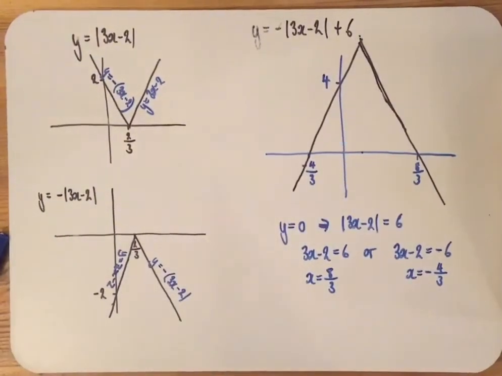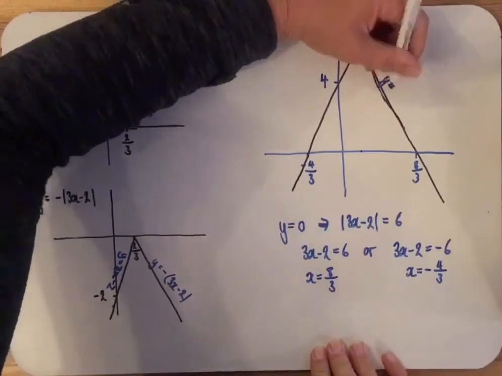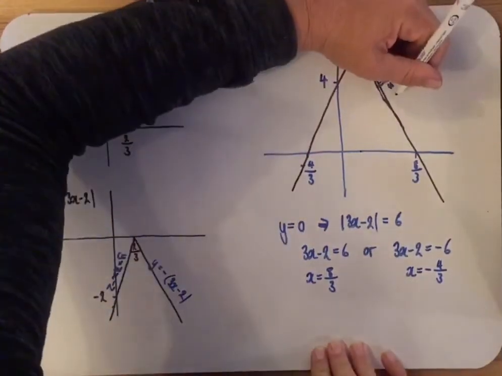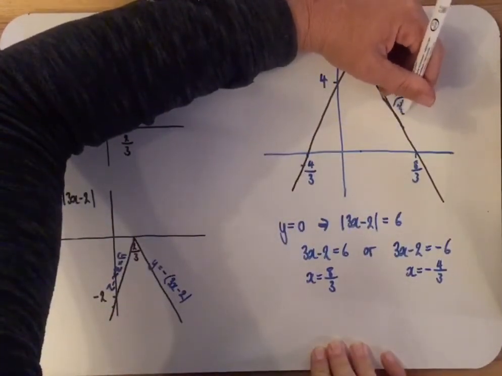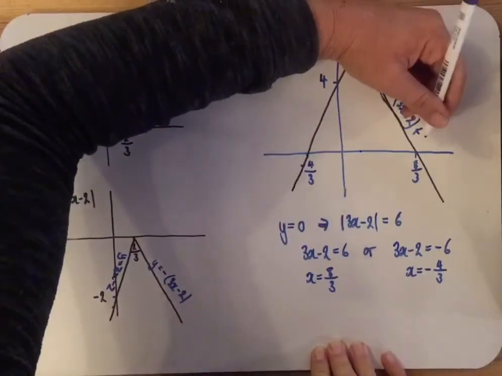Equations of line segments. So that one there is y equals, I've added 6, so it's minus 3x minus 2, add 6.